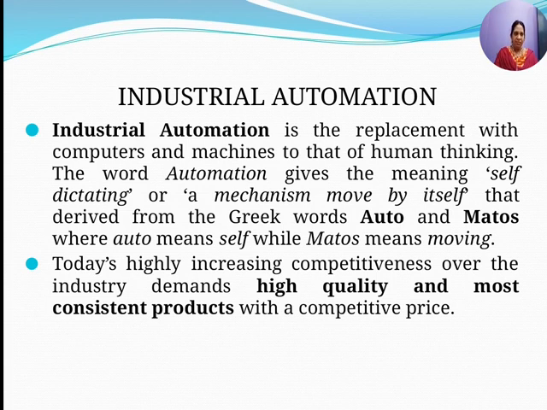The word automation gives the meaning self-dictating, or a mechanism moved by itself, derived from the Greek words autos and matos, where auto means self while matos means moving.